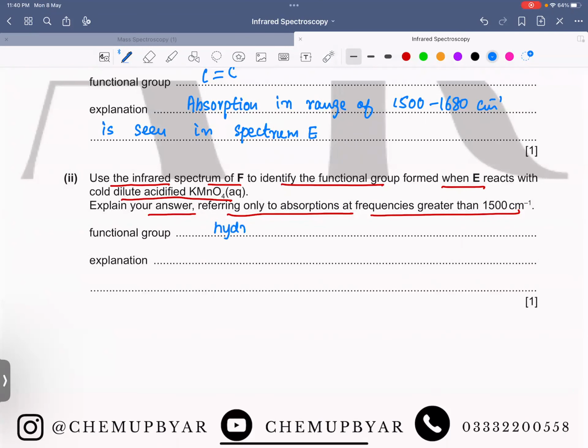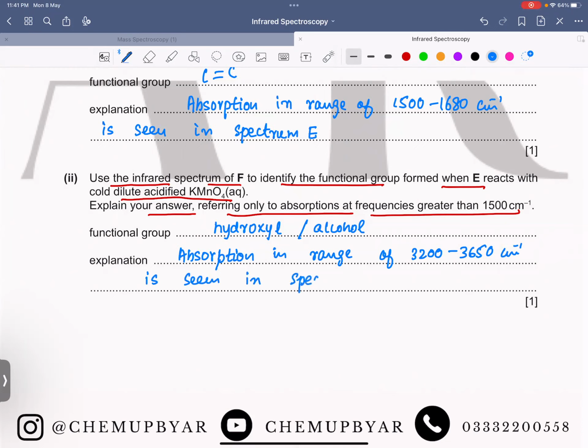And here I have to mention from spectrum F. So I can write that absorption in range of 3200 to 3650 centimeter inverse is seen in spectrum F. Is this clear?